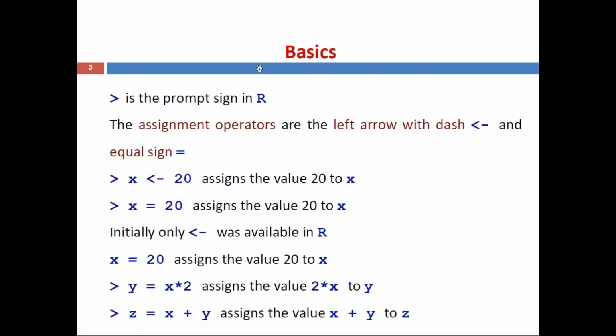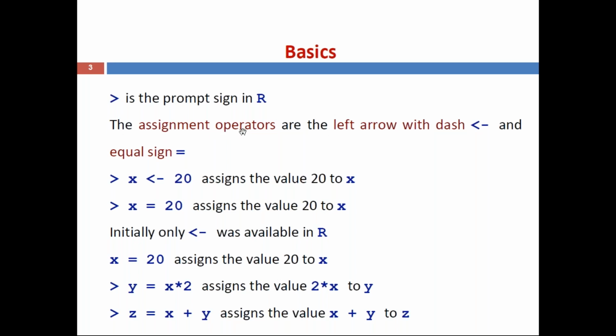First, coming to basics. In the R software, the greater than symbol is the prompt sign. So every command is prefixed with this prompt sign by default, the greater than symbol.